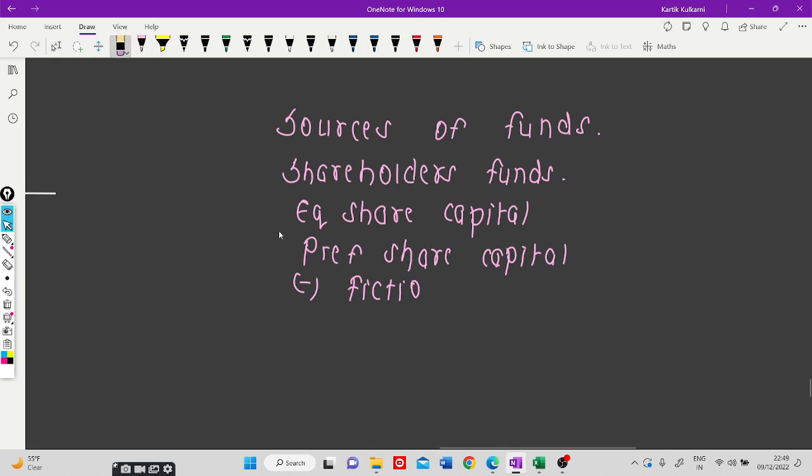Before that we will also add reserves and surplus first.